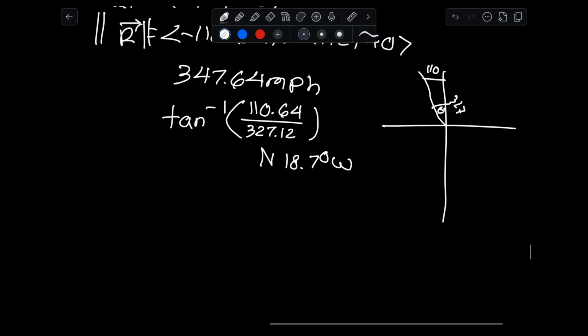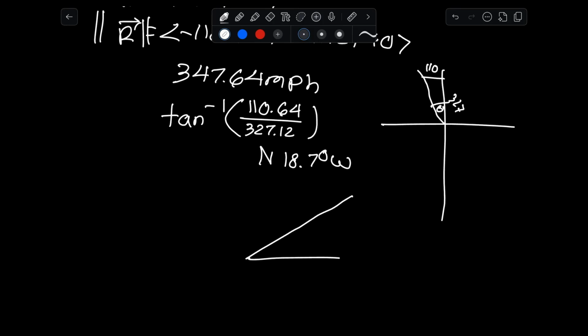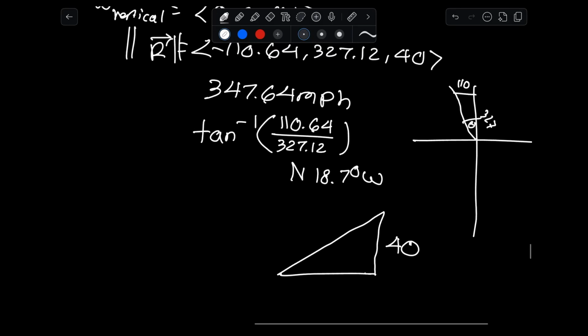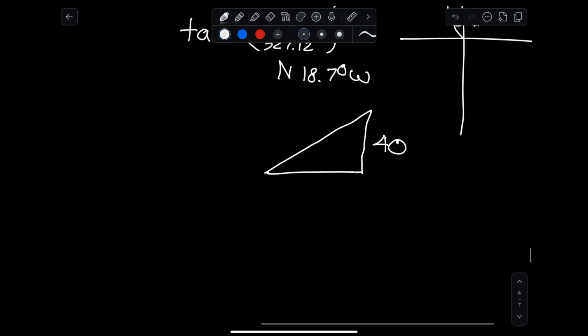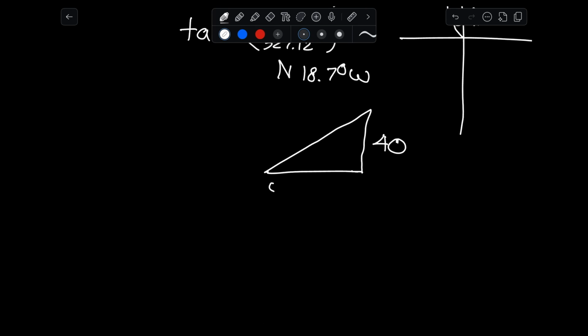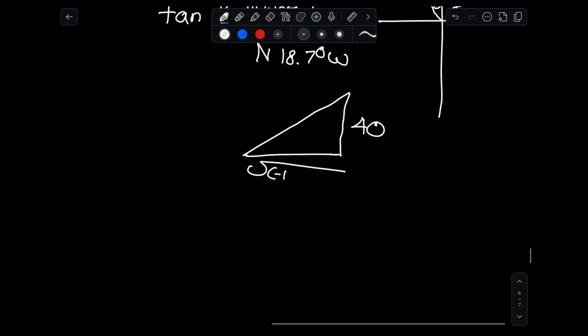And then we also want our vertical angle that they wanted from above. That's going to be a similar idea to what we did earlier. So we know that this is 40, but we need the distance of the x and y components. So we have to solve for that. In this case, we can just set it up like shorthand and then just plug it into our calculator. So it would be the square root of negative 110.64 squared plus 327.64 squared.